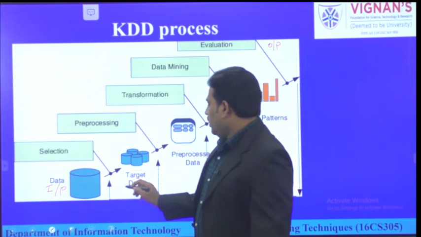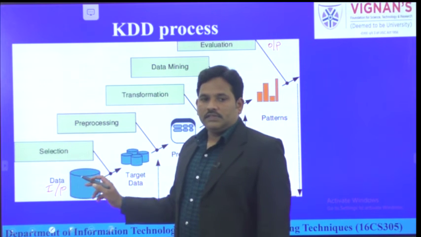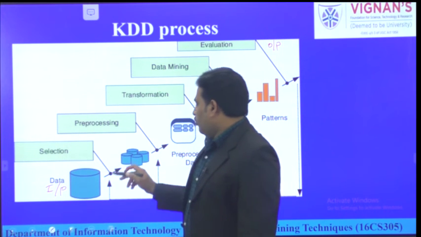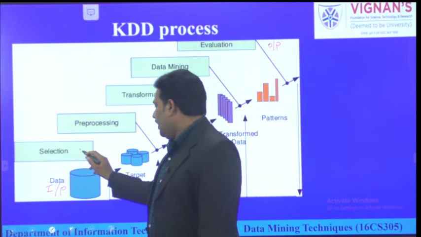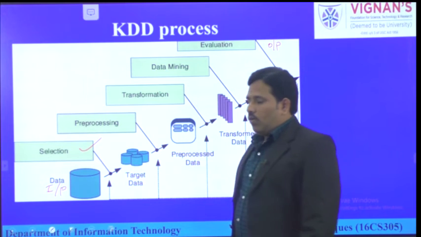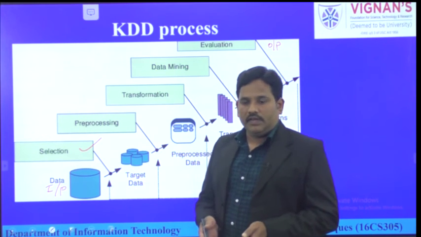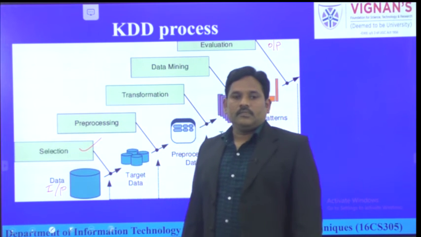First one, look at here. Here we collected data which has been stored on a larger scale. From this large scale data, we are applying a technique called data selection. That means whatever data is going to be used for the analytical activity is going to be selected.